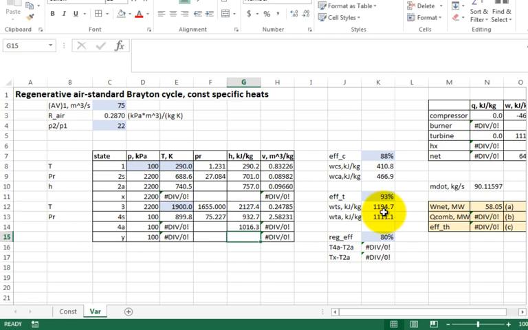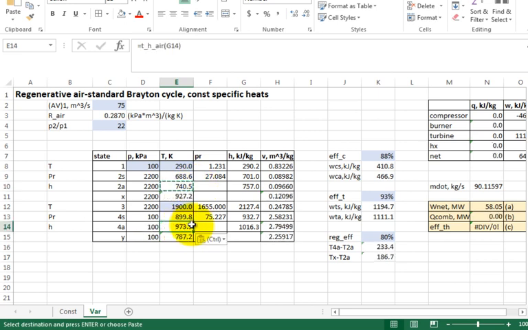So I don't come all the way down to 932.7 kilojoules per kilogram, but I only get down to 1016.3. So this is now the h. And if you wanted to, you could just copy that cell because that's the same formula to calculate the temperature. How come that didn't copy? Copy, move that down, paste.